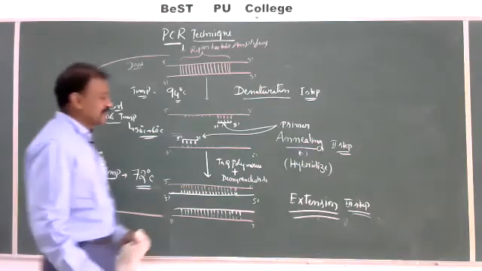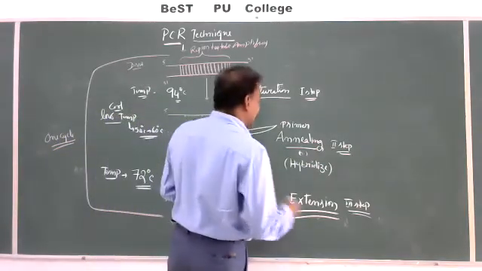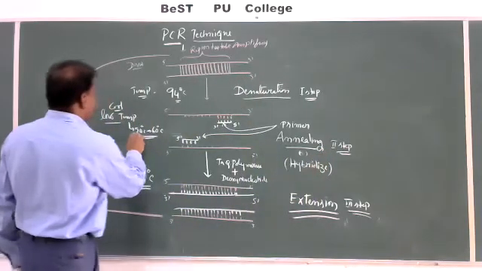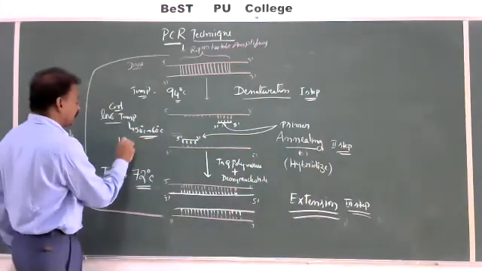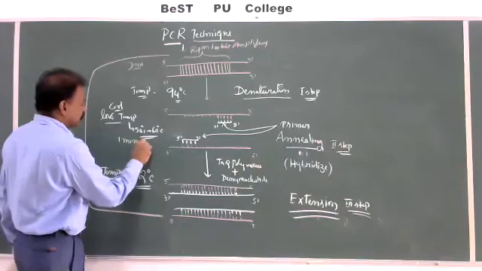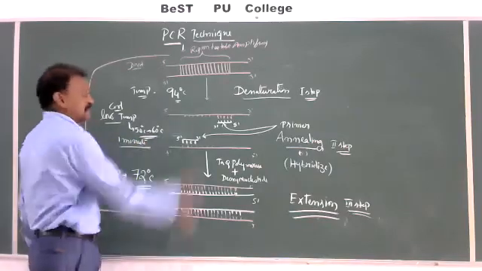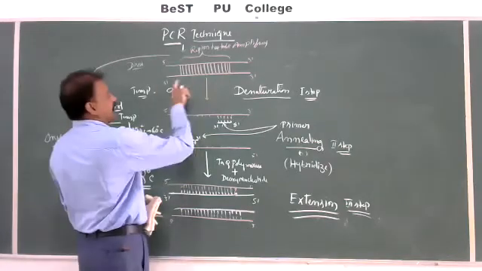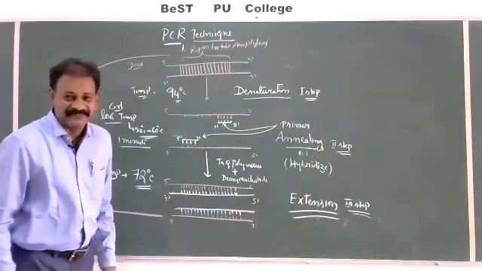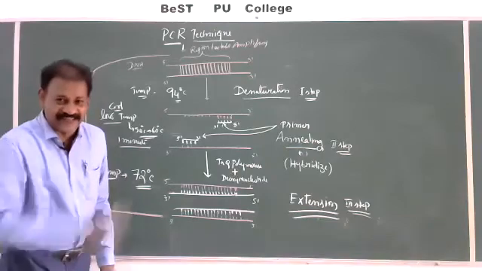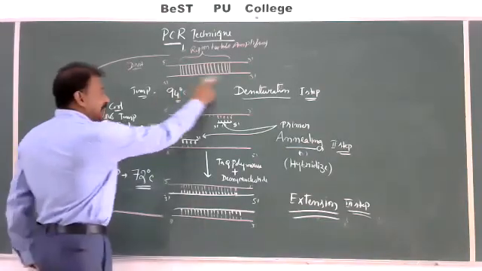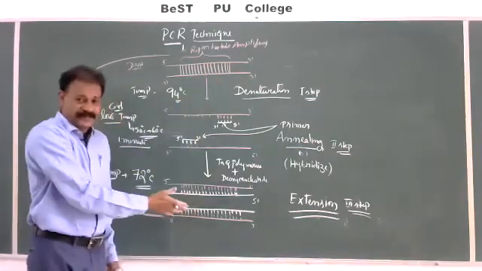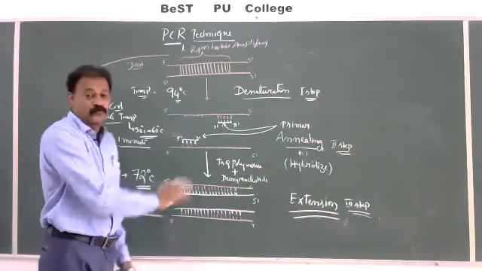And it has mentioned the process of annealing at 50 degrees centigrade takes 1 minute, and the total process depends upon the length of the gene, nucleotide sequences, DNA. Depending upon the length of the gene, the process will take 2 to 3 hours or 2 to 4 hours.